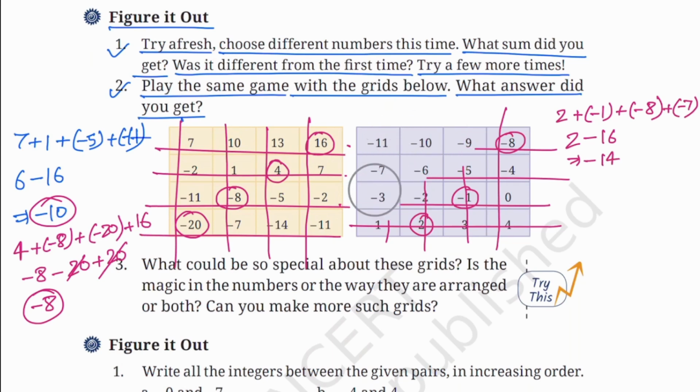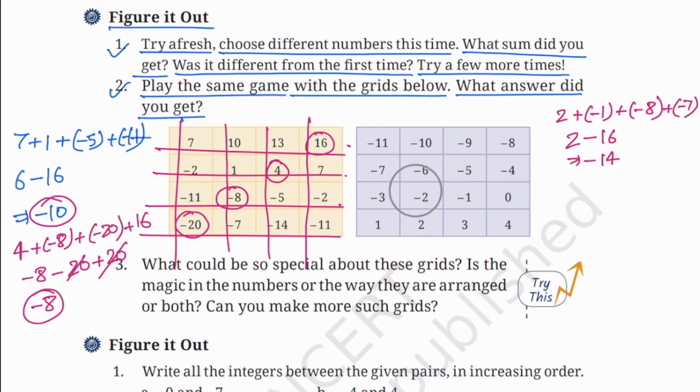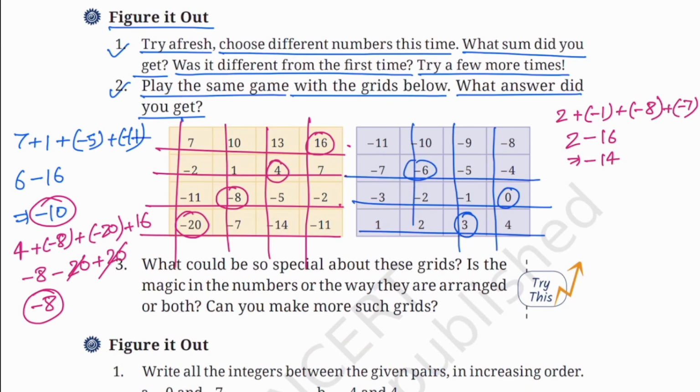Let's take another number as starting number. Let's start with 3, then 0, then -6, then -11.